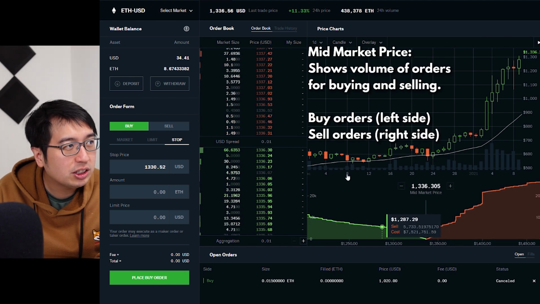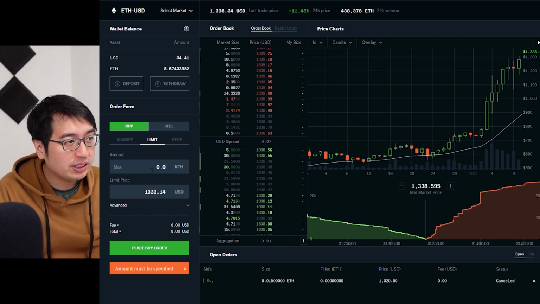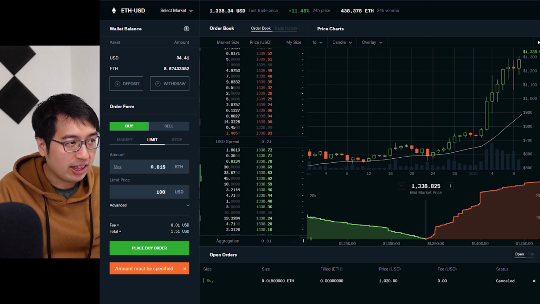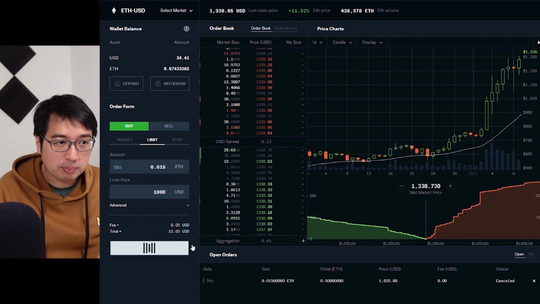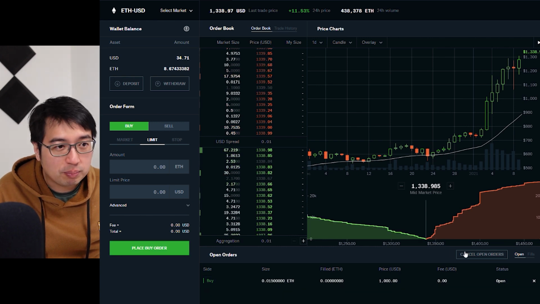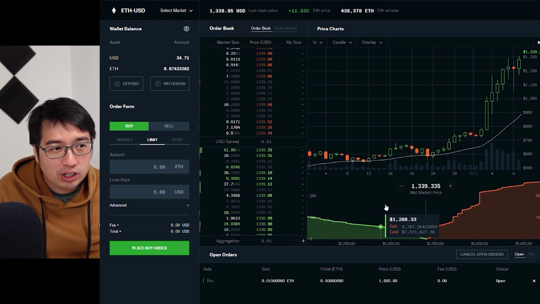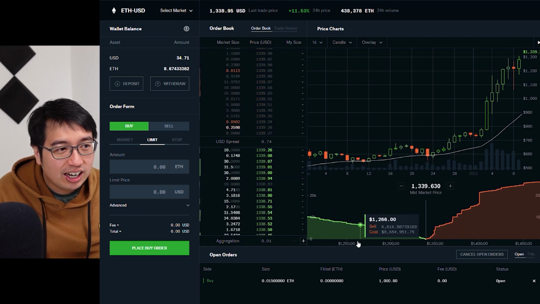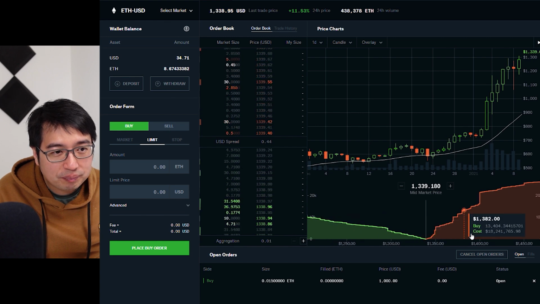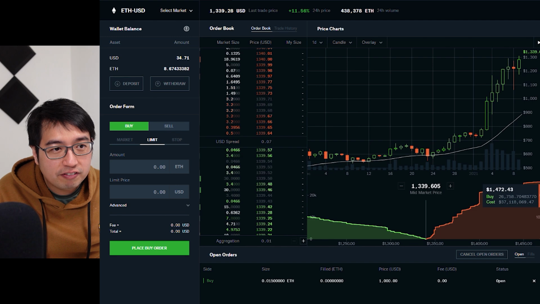So let's just put something in here for fun. I want to put in a limit order of 0.015 ETH at $1,000. I place a buy order. Once I place a buy order, I have an open order here at the bottom, and my order is in the order book, but you just can't see it because it's only showing prices between $1,200 and $1,500.